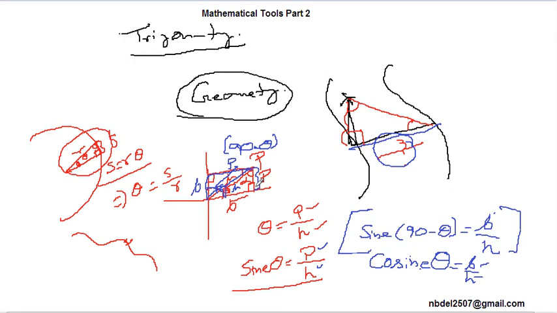Obviously the meaning is 0. Whereas in case of cos 0, this is cos 0, b by h. B becomes maximum. Mathematically, b becomes equal to h, and in that case you get cos 0 equal to 1. There are two meanings.